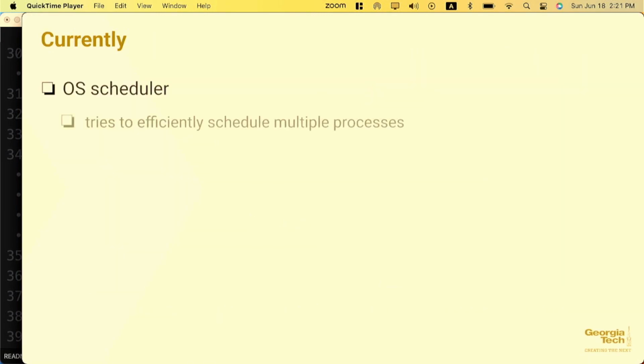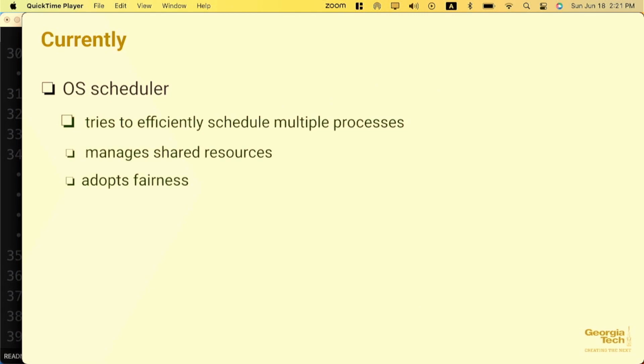Currently, the OS scheduler tries to efficiently schedule multiple processes while managing the shared resources effectively. It tries to be fair by treating all processes similarly and does load balancing to effectively utilize the resources, and also has some degree of affinity for the processes to utilize what they had done previously.